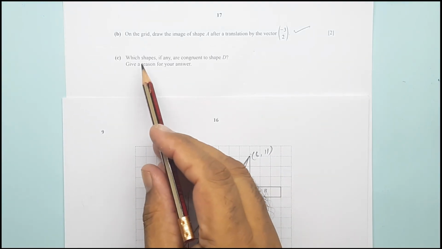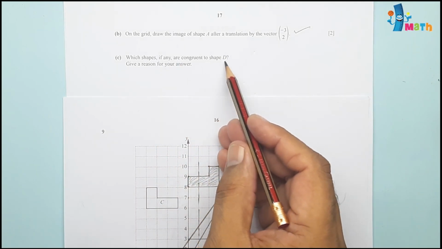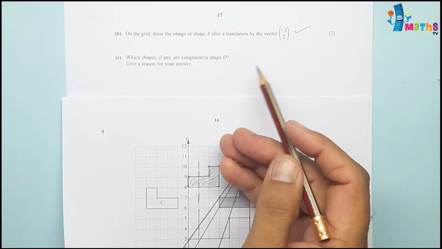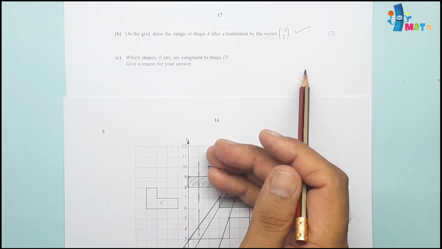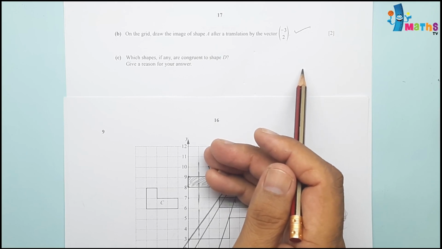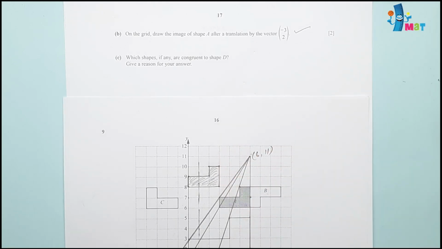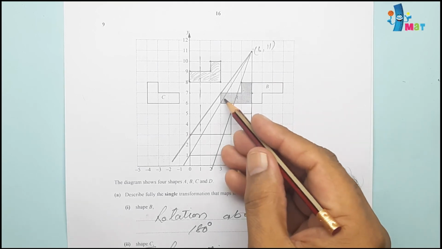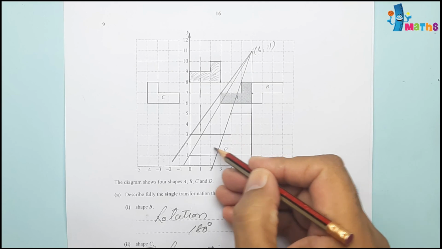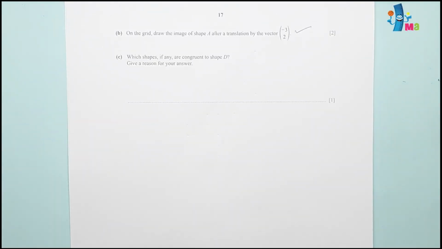And C part: which shapes, if any, are congruent to shape D? So we have to show which shape is congruent to this shape. If we see the drawing, we can see there is no shape which is congruent to D. Congruent means it should be the same in size and shape.